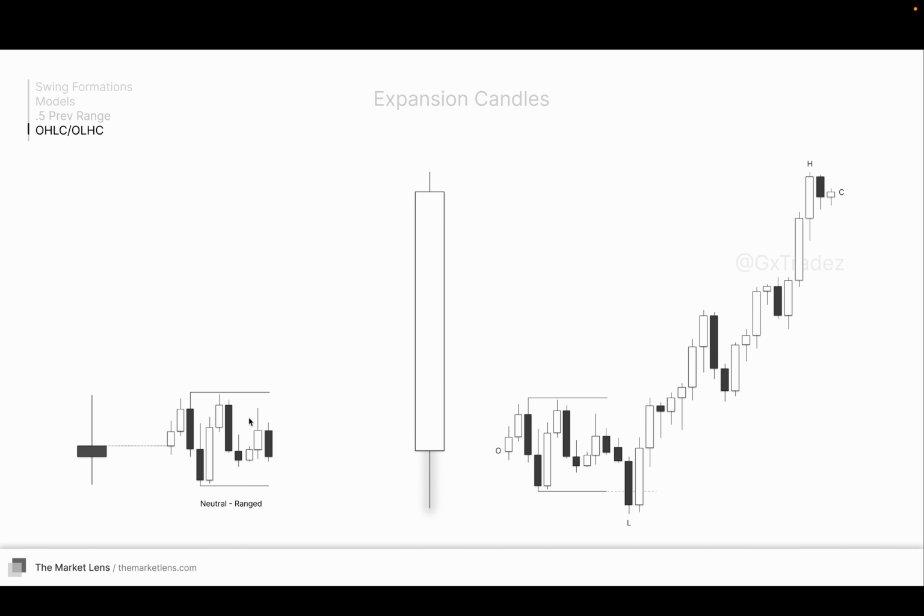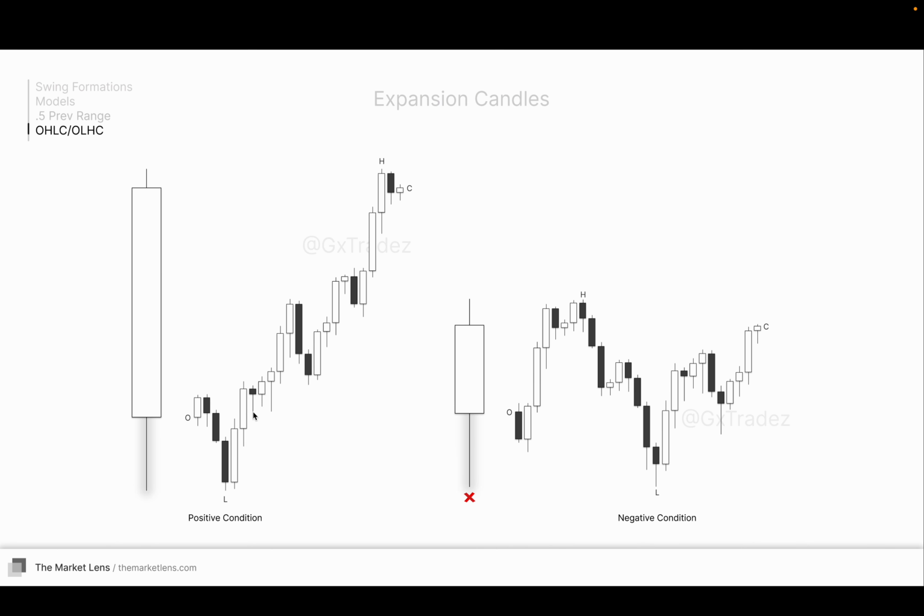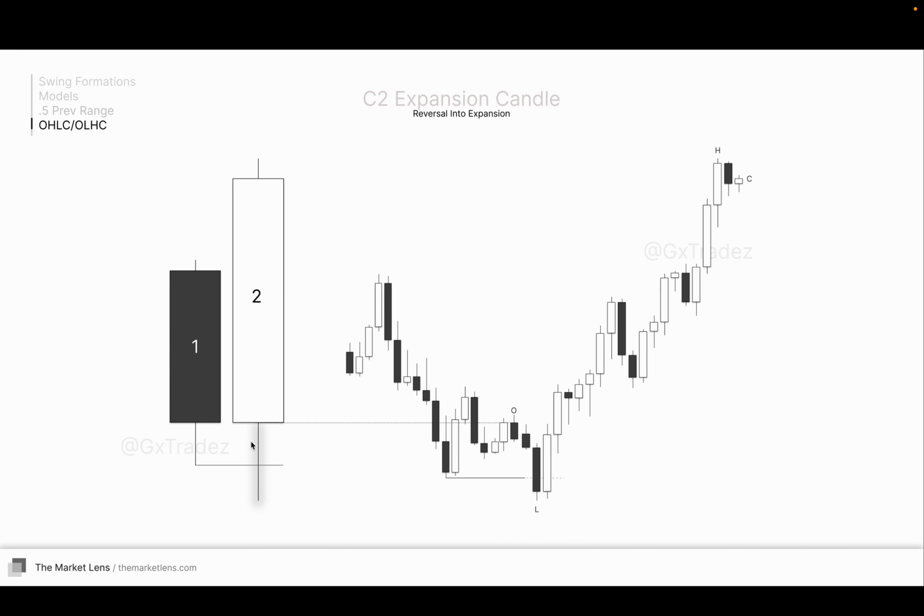That's fine, right? Now we're going to be talking about a candle to reversal into expansion candle. So what we just talked about was just an expansion candle, like these previous candles are just expansion candles. This is a reversal candle, but it's very distinctive where it has a small wick, which allows it to also expand, right? So just like an expansion candle, we want it to open low first.